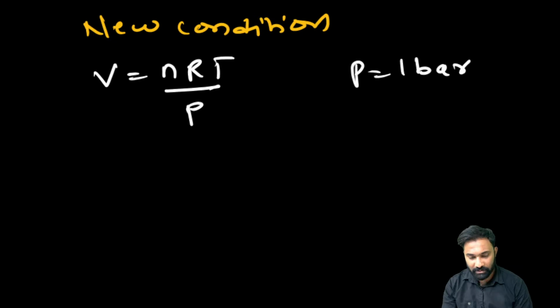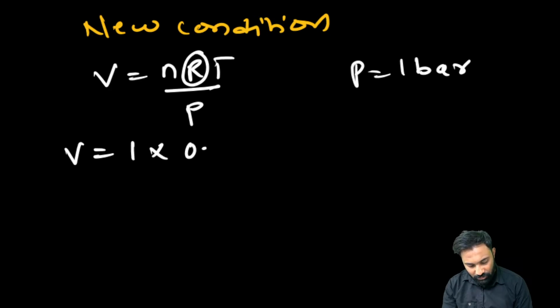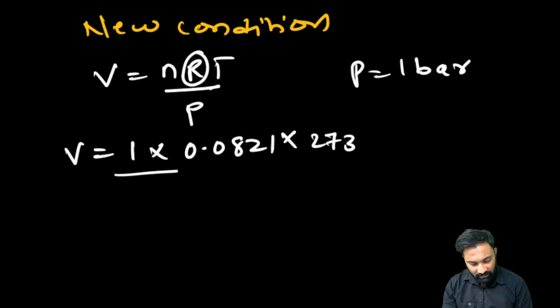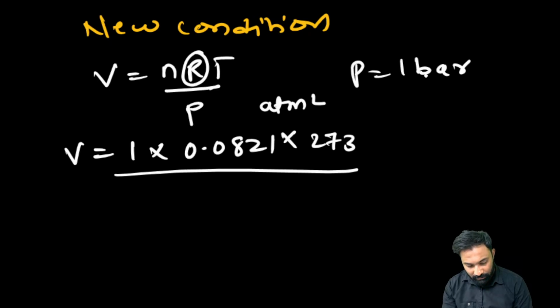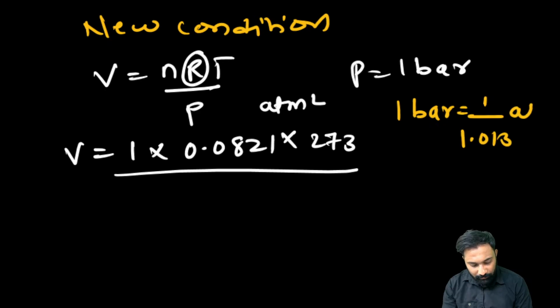The R value we take is 0.0821 into 273 Kelvin, but the pressure is 1 bar, while the units we have are atm and liter. Atm and bar units cannot be cancelled, so you have to convert 1 bar into atm. 1 bar is equal to 1 by 1.013 atm.